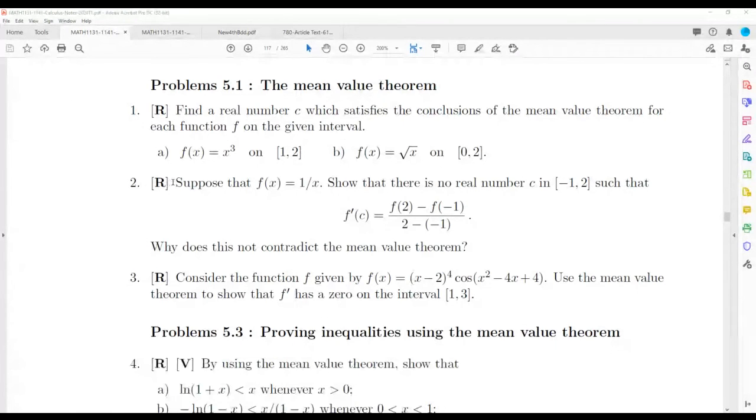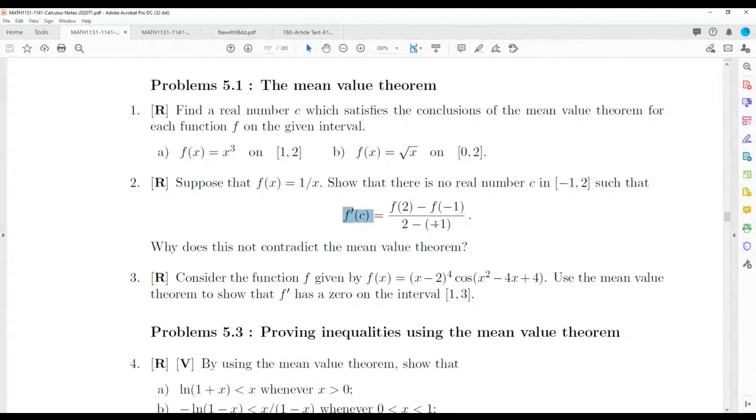All right. Question 2. Suppose that this is our function, and show that it's impossible to have a C in this interval such that the derivative of this function at that point is equal to this. Okay, so how might we do it?